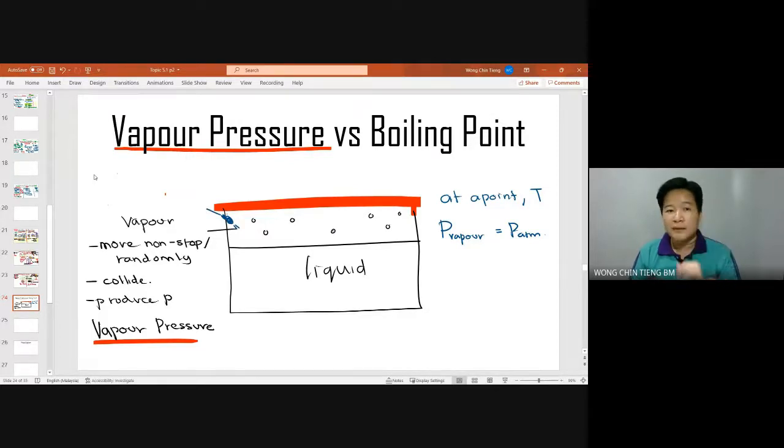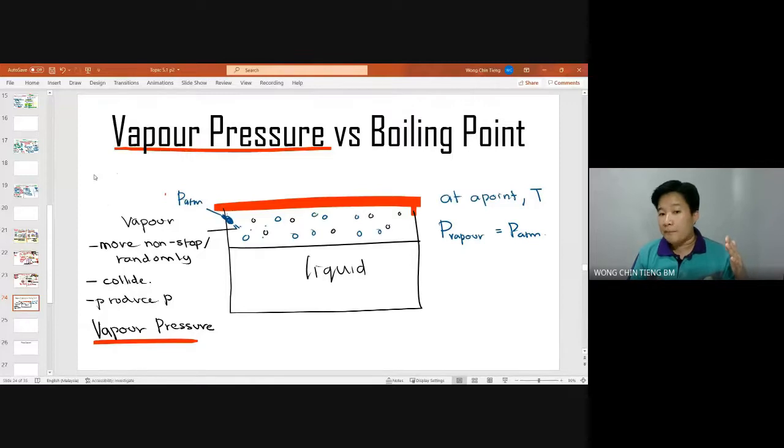So sebelum air masak, dia akan experience atmospheric pressure. Atmospheric pressure lebih tinggi daripada tekanan kat dalam. So loceng tak bunyi, tertutup je. Betul? Dan bila kamu masak air, at one moment, the vapor that produced inside is much higher.